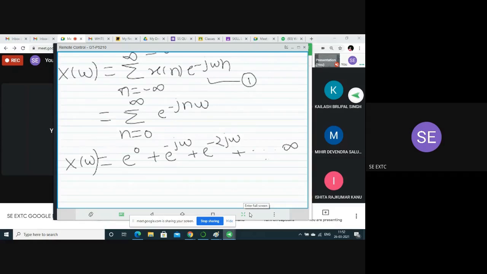Now we are going to multiply this by e to the power minus j omega. So this is your equation number 2.